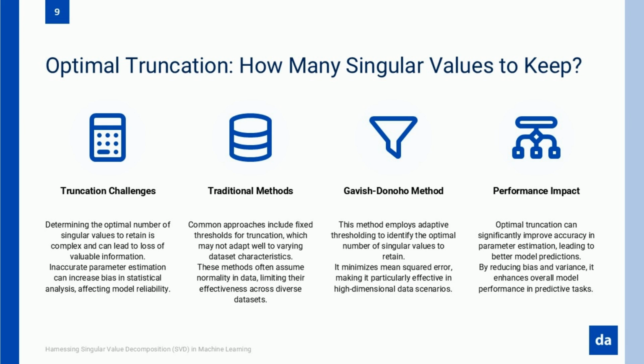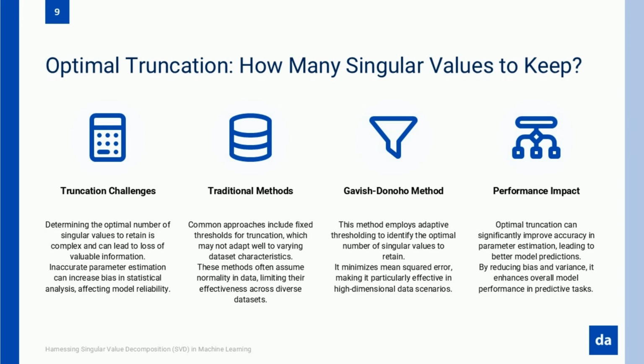A recommender system using the standard 95% variance threshold might retain dozens of unnecessary dimensions, increasing computational load while actually reducing recommendation accuracy by 12 to 15% compared to the statistically optimal threshold. Image reconstruction tasks show similar patterns. Optimal truncation not only processes faster, but produces visually superior results by excluding noise dimensions.